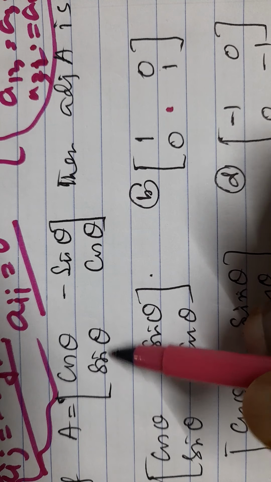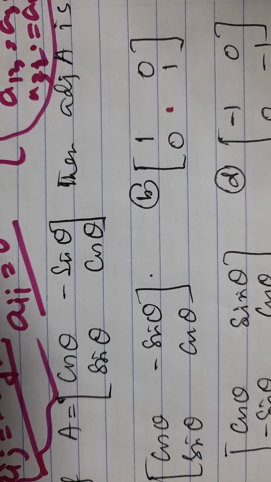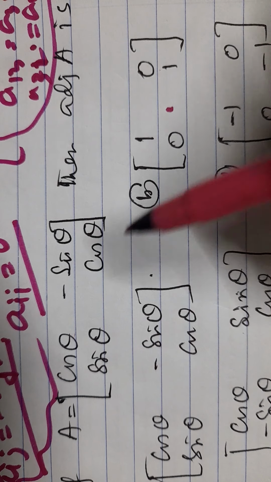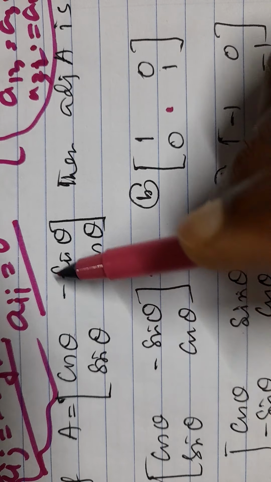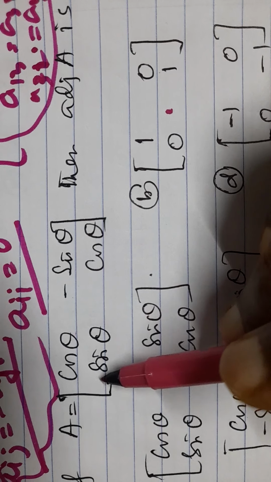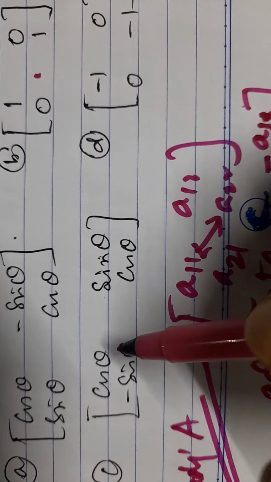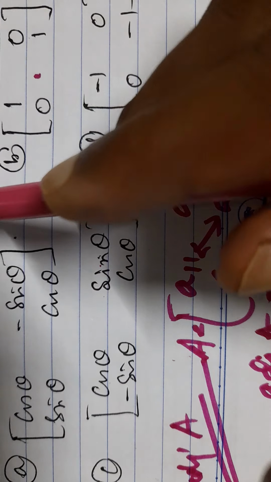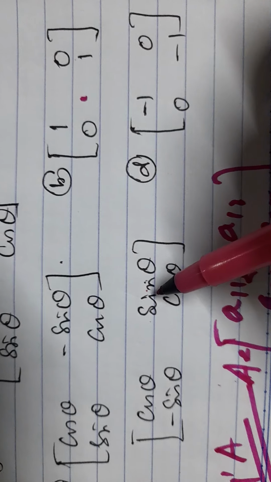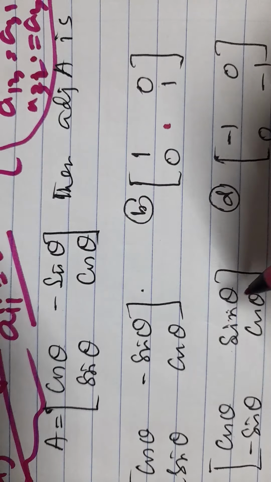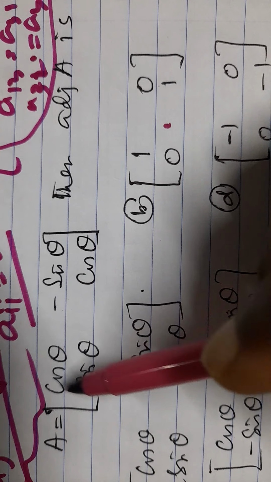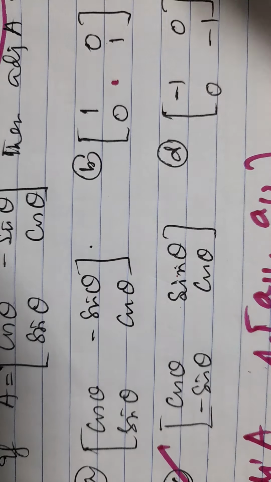So here, cos theta, minus sin theta, sin theta, cos theta. The diagonal elements are already the same, so cos theta stays. But the signs of the others change. This minus sin theta becomes plus sin theta, and this plus sin theta becomes minus sin theta. So the correct option is C.